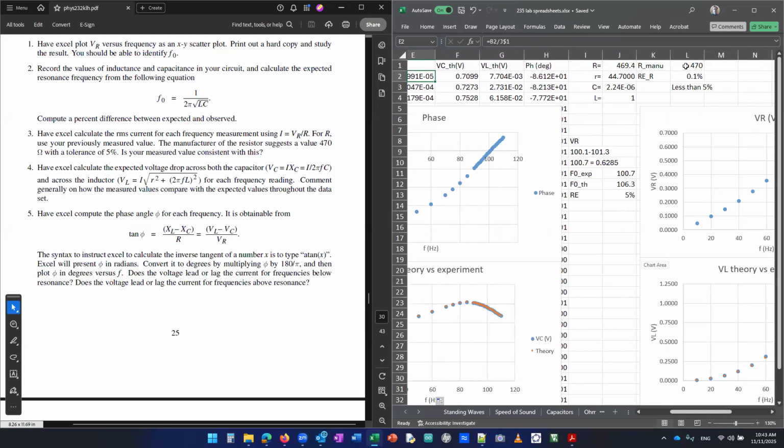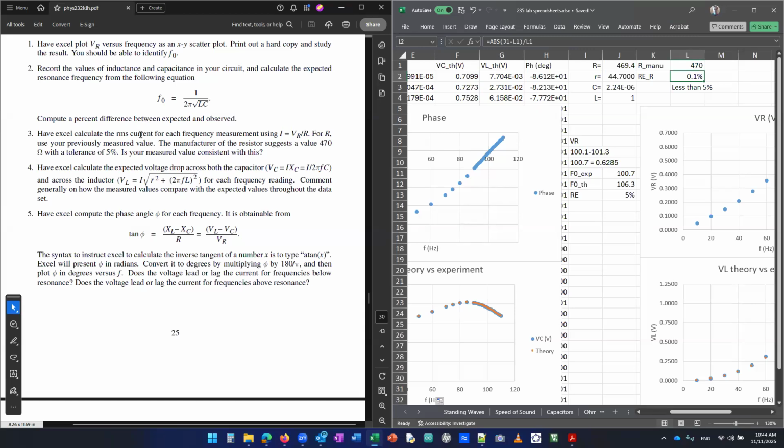The manufacturer's value is 470, and this is the actual value, 469.4. So the relative error of the resistance is 0.1%, which is less than the factory's promised tolerance of 5%. So this is consistent. We're actually getting a better deal than the factory promises. We get quite a nice value, close to 470.